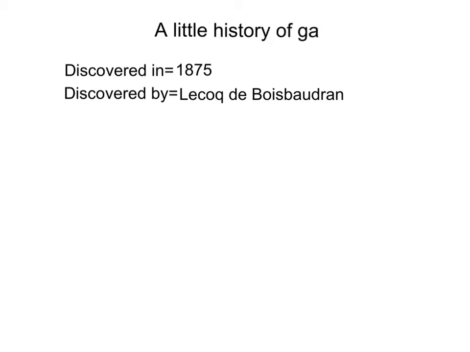And now I will tell you some more history. The word gallium comes from the Latin and French. They had their own versions, like Gallia and Gallium, and they just kind of combined it together to get gallium.